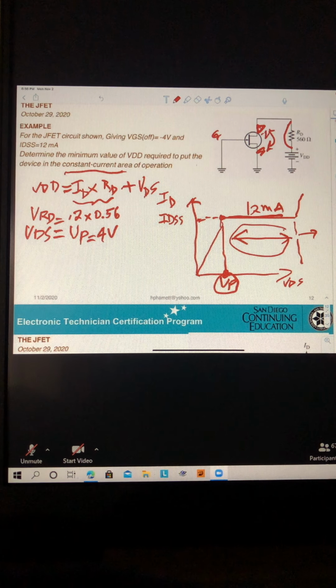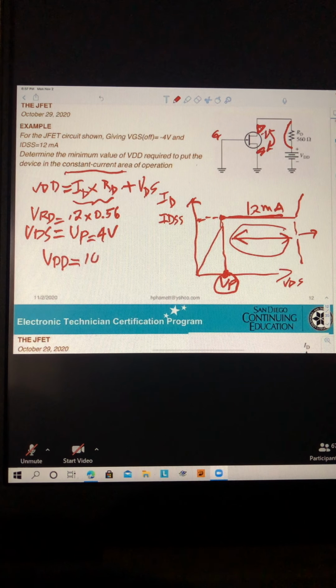Okay, now you calculate and tell me what VDD is equal to. First you need to calculate ID times RD. So is it 10.72 volts? Perfect.